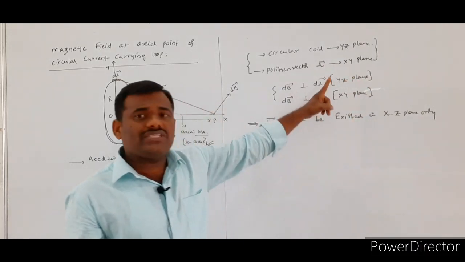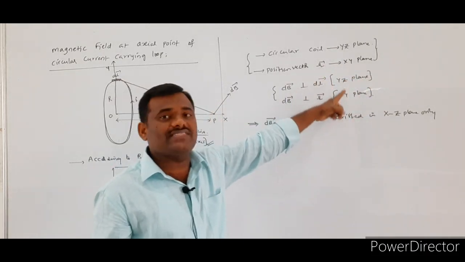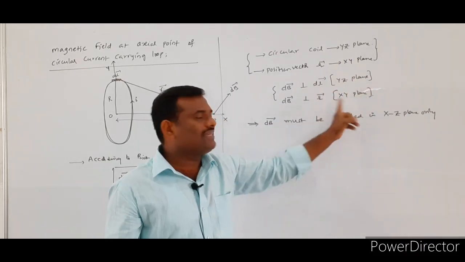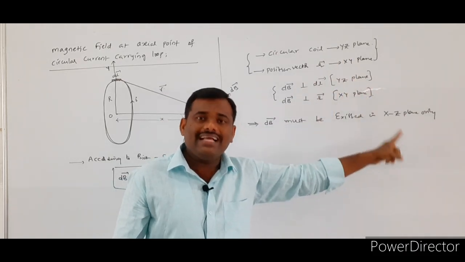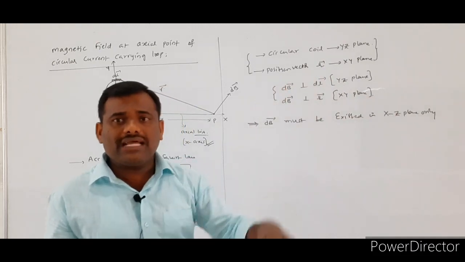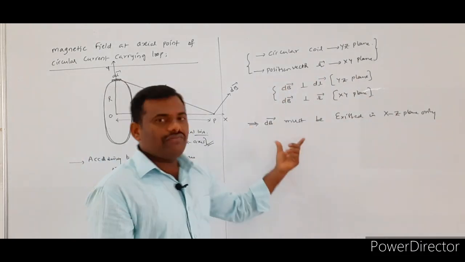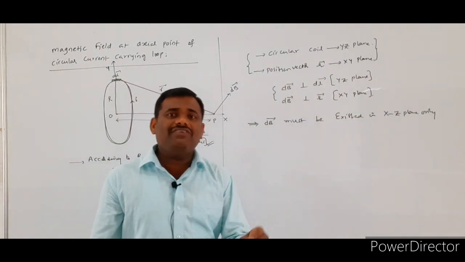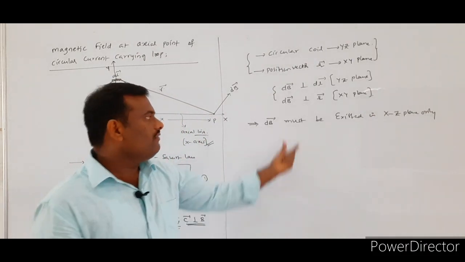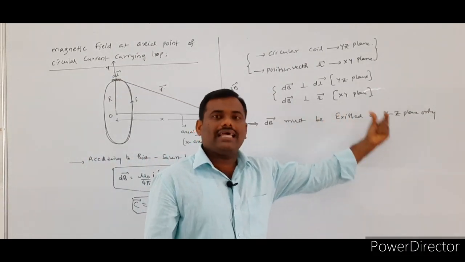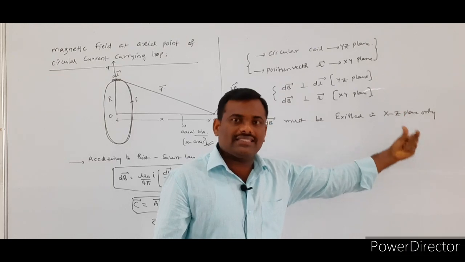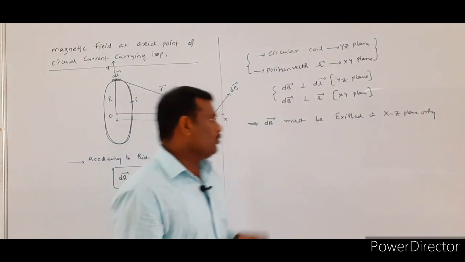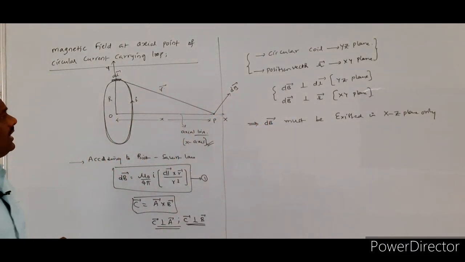And the plane which is perpendicular to the common planes of YZ and XY planes is nothing but XZ plane. So from that we concluded that the magnetic field intensity vector dB bar will be existed in the XZ plane. Now coming to the derivation.